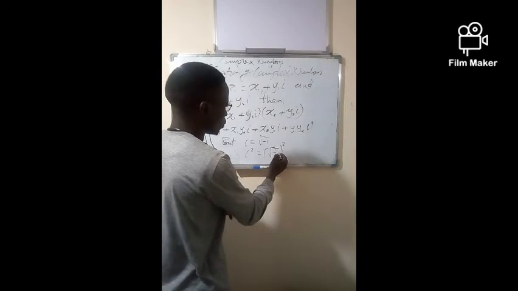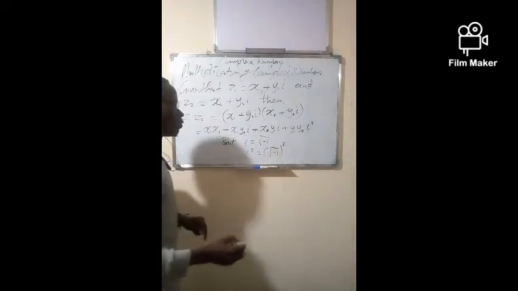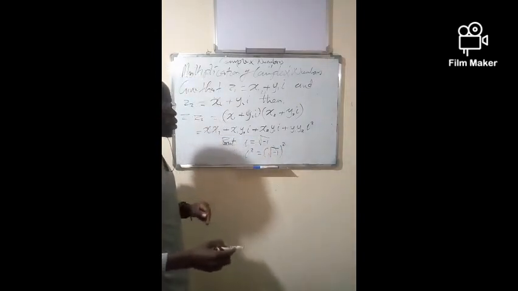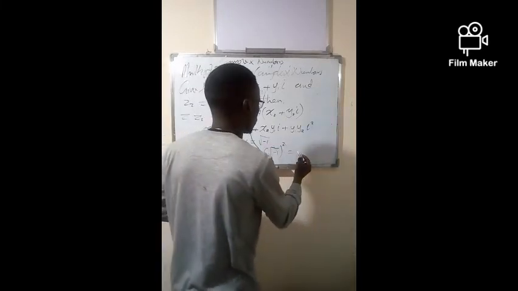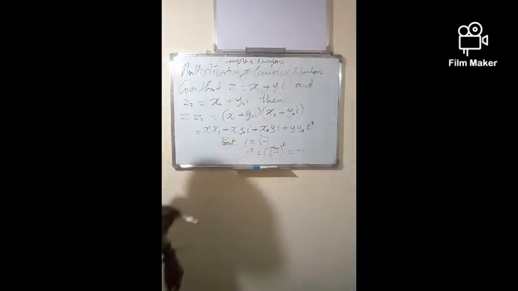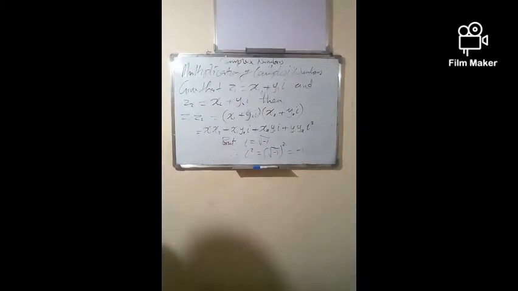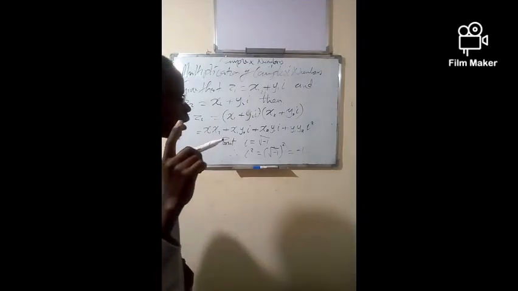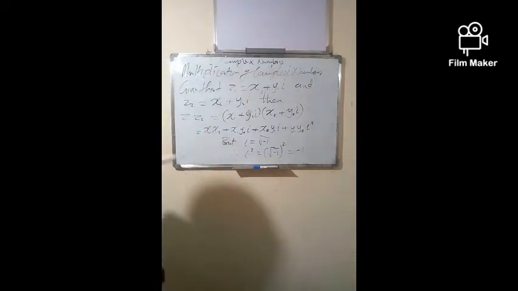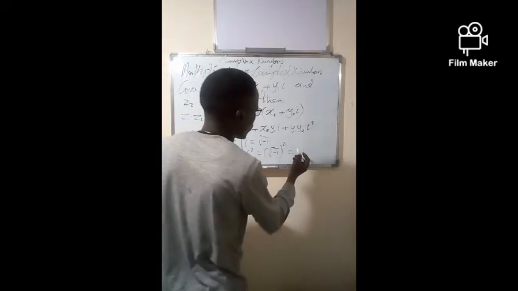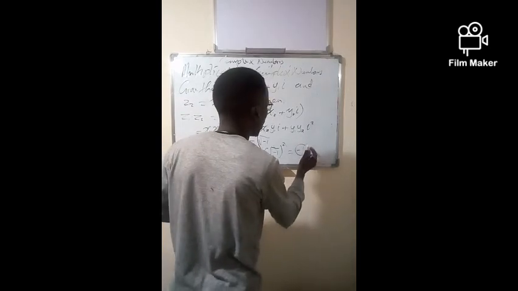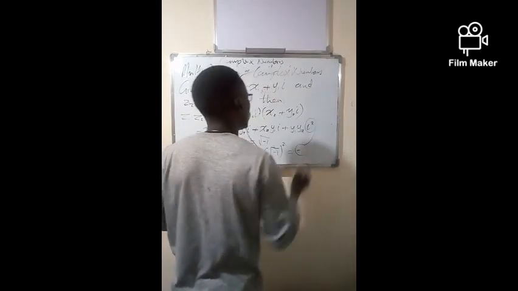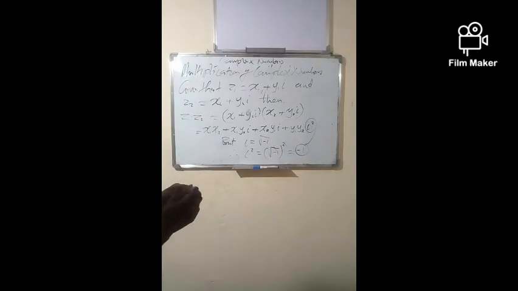So the square and the square root are going to cancel each other. So we remain with -1. So I squared is simply equal to -1. So it means that where we have I squared, we're going to put -1 there.